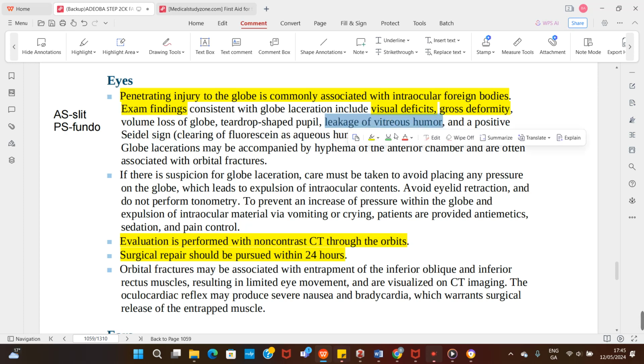So leakage of vitreous humor, teardrop shape pupil, volume loss or protrusion of the globe content, reduction in visual acuity, gross deformity, all these things point to open globe injury or rupture. So you might want to do a slit lamp examination.